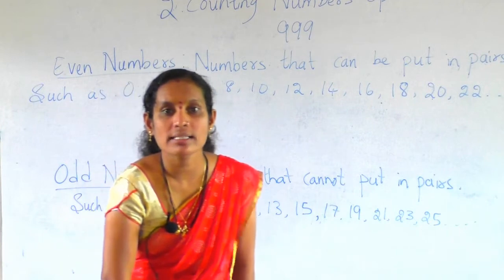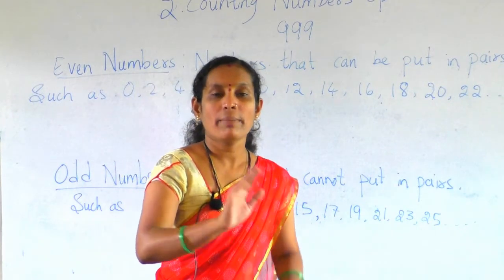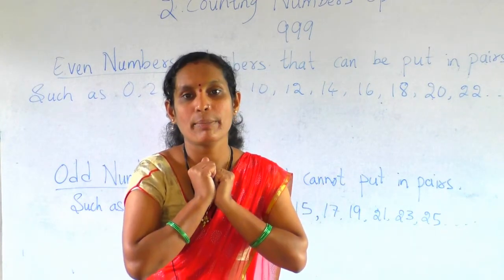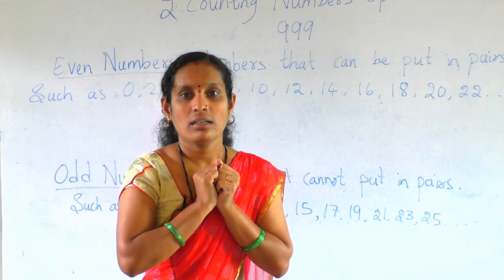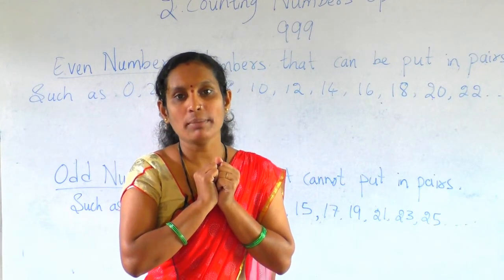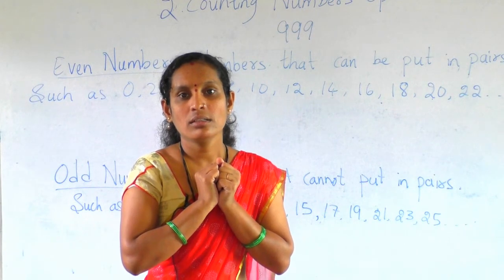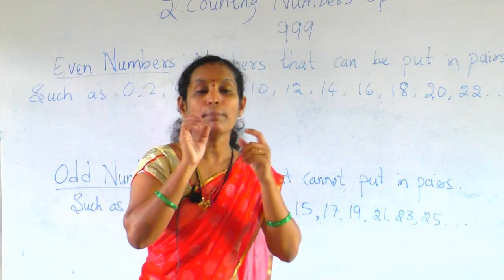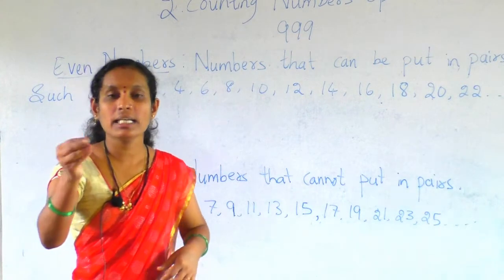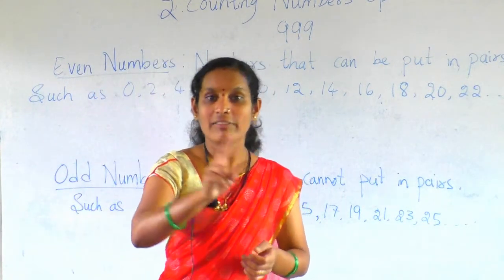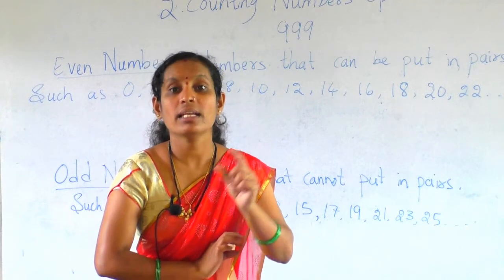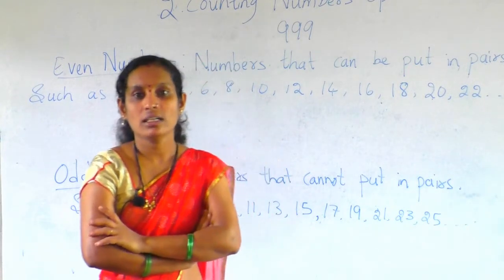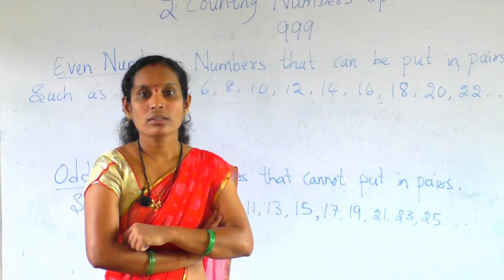I have 2 legs. It is a pair. I have 2 hands. It is a pair. I have 2 eyes. It is a pair. You are getting now what I am telling? Okay. These are the pairing. You take earrings from any shop, they give 2, right? They are not giving 1. That is a pair. That is an even number. Understood?